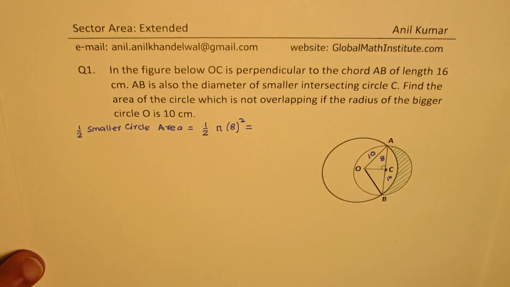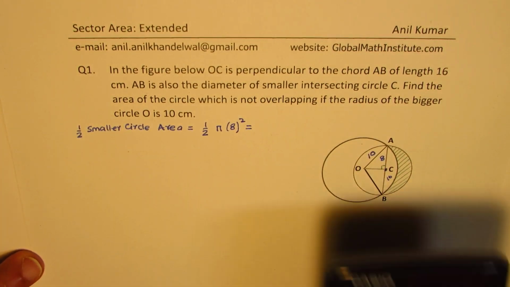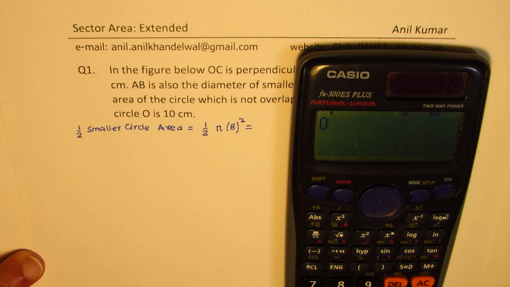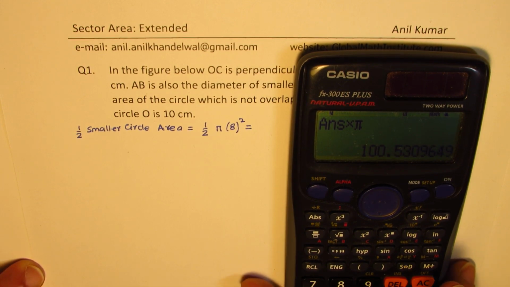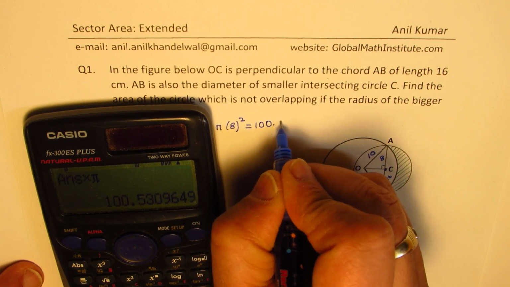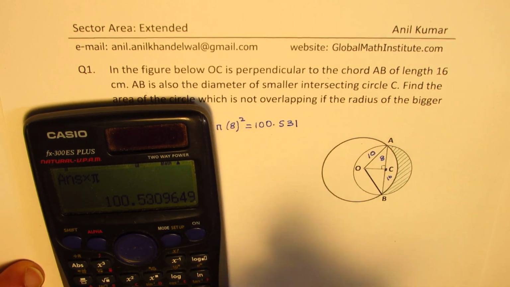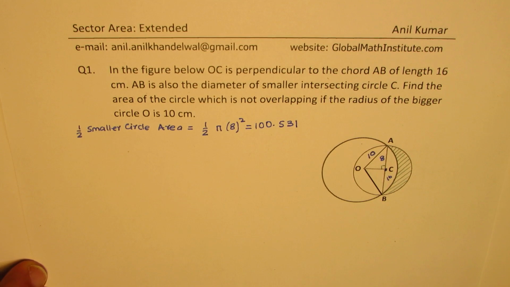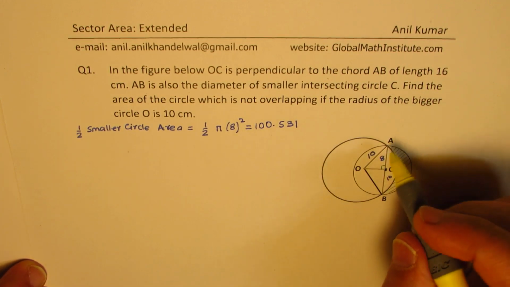So let's calculate this value. 8 squared is 64, we'll just divide by 2 and then multiply with pi, which is 100.531. So let's write this as 100.531. So that is one area. So that means we have this area.